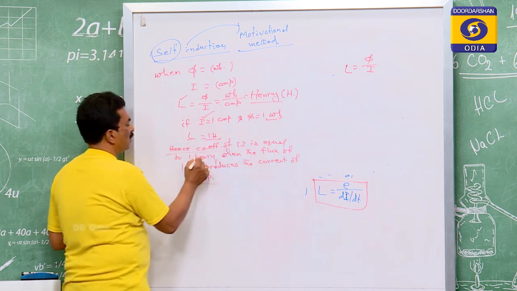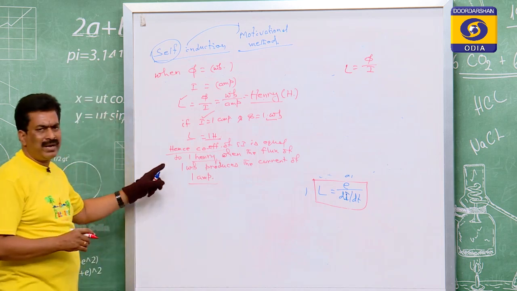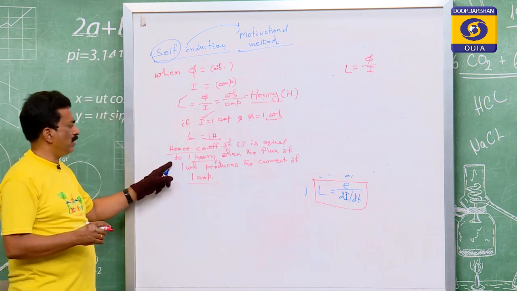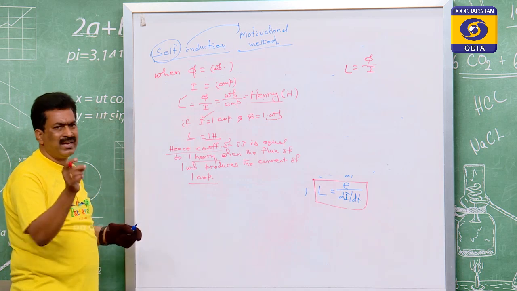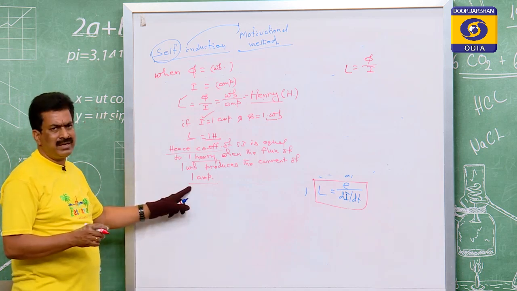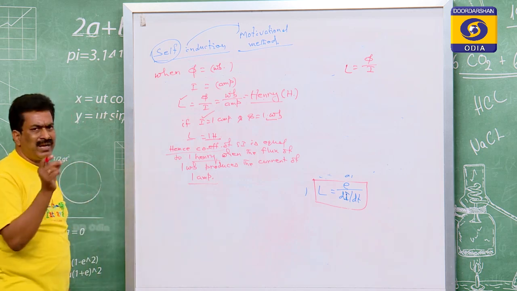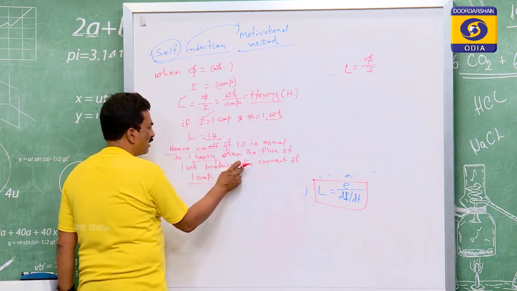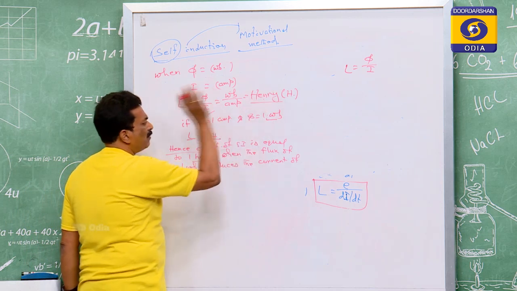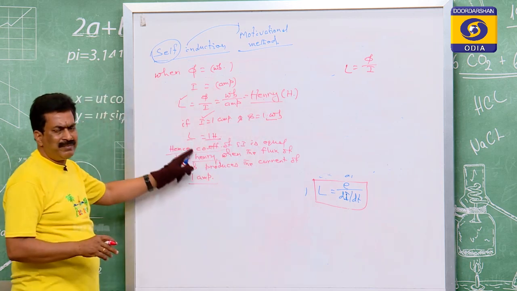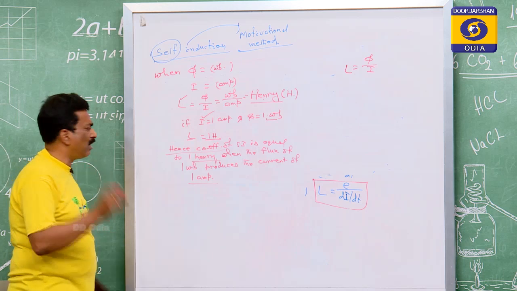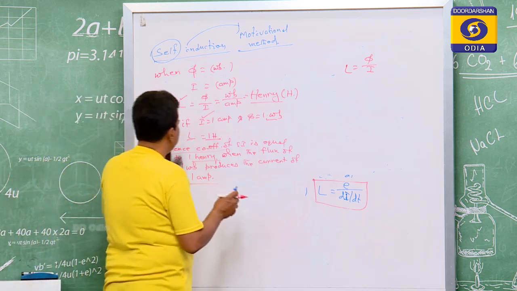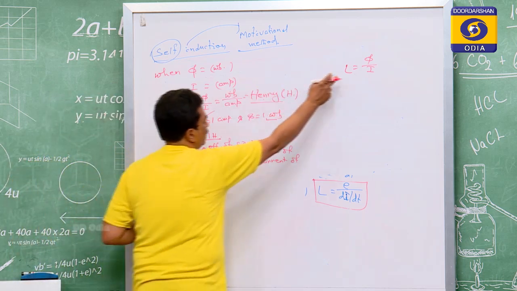This is the definition of the Henry, which you will find in your +2 as a short question: define Henry. When the question comes for 2 marks, first write its definition, then its dimension also. By giving the dimension, you will get 100% of the marks.